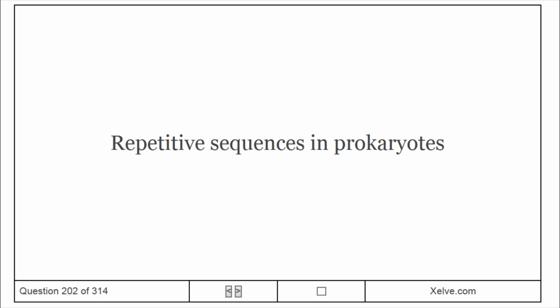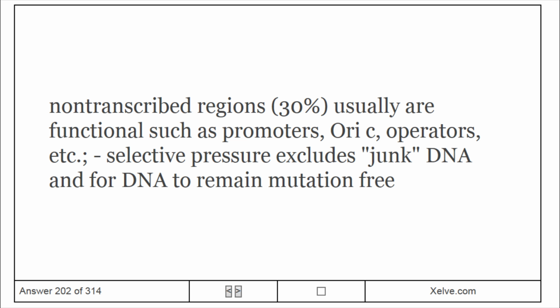Repetitive sequences in prokaryotes. Non-transcribed regions usually are functional, such as promoters, operators, etc. Selective pressure excludes junk DNA and keeps DNA mutation-free.